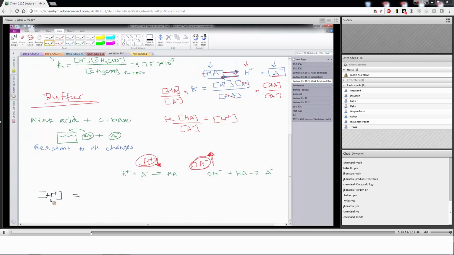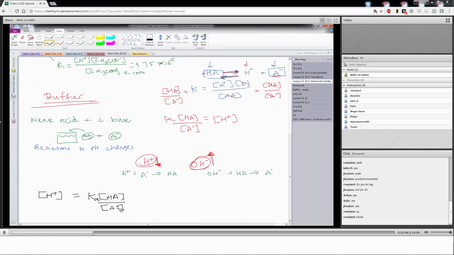My concentration of H plus is going to equal the acid dissociation constant multiplied by the concentration of the weak acid that I put in solution divided by the concentration of the weak base that I put into solution. So whatever I put in here, these values, that's what's going to be used in this equation.